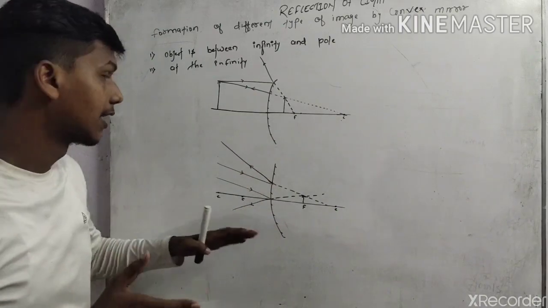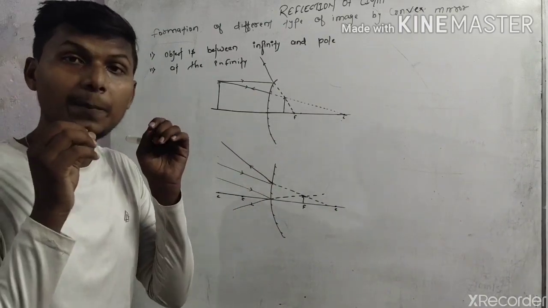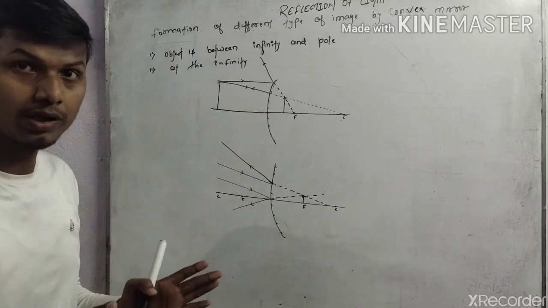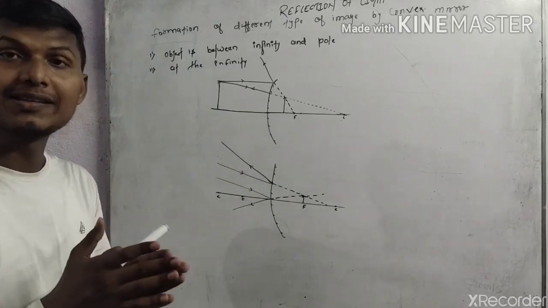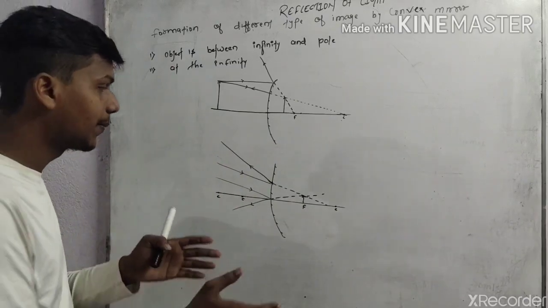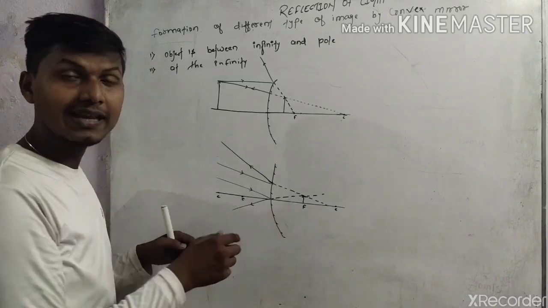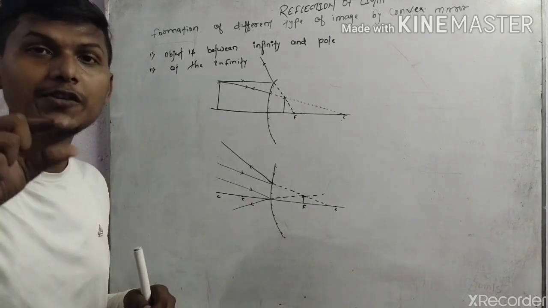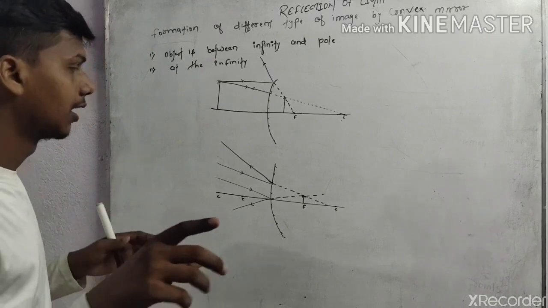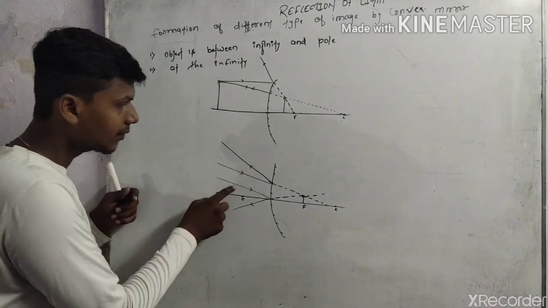Okay, in the second case, when the object is placed at infinity, the image will be formed at the focus and it is highly diminished. It means very small. Listen how it will form.